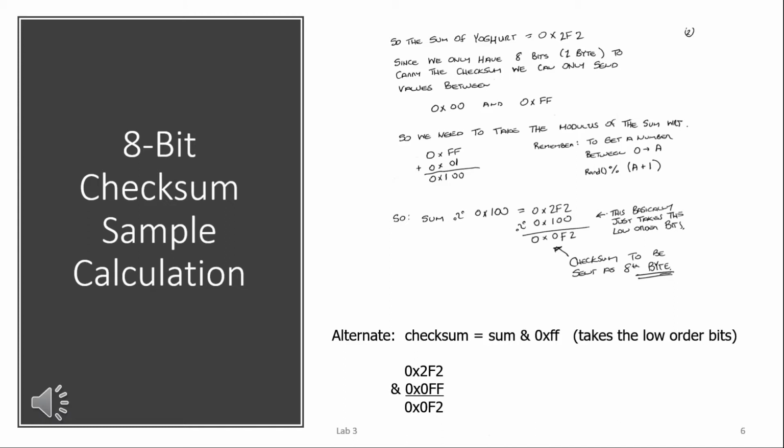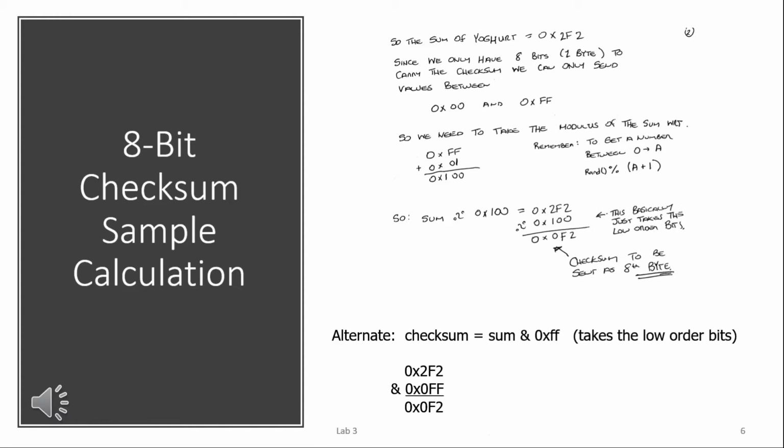Now, an alternate operation that you can use instead of mod is bitwise AND. In this case, you have to take the bitwise AND with FF. Remember, if those last bits are F and F, they're all ones.